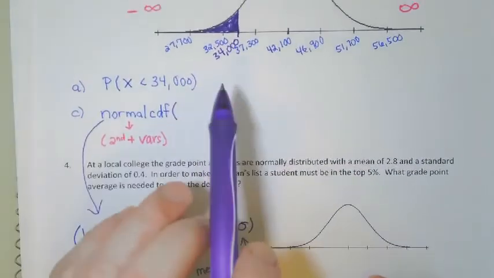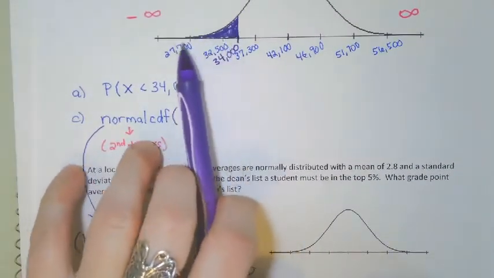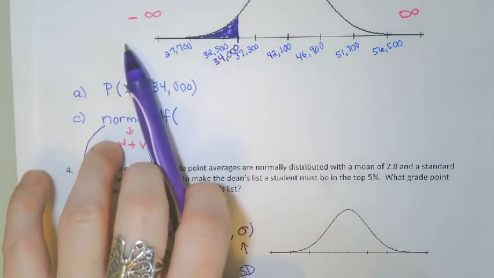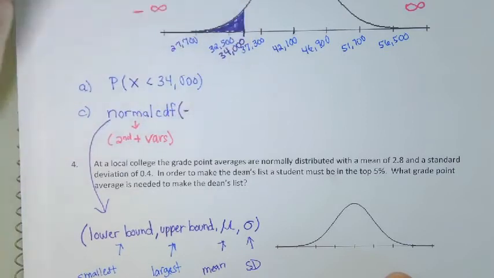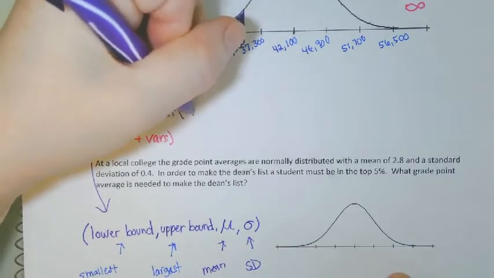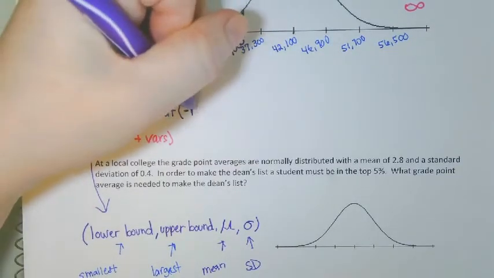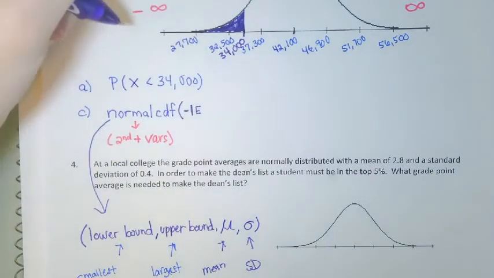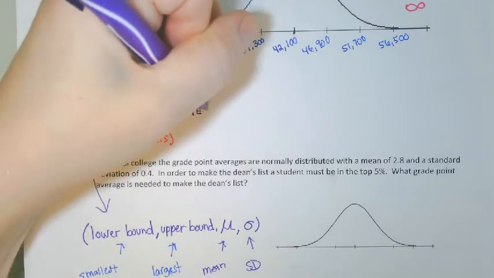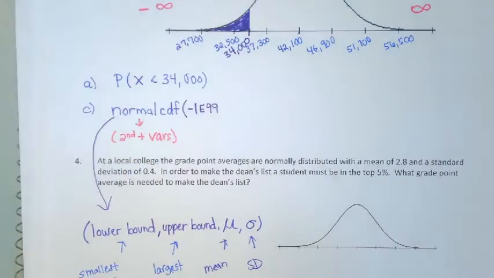So our lower bound, our smallest value, is negative infinity. And the shorthand for writing negative infinity is -1, and then you just use 1 E to represent that double E.